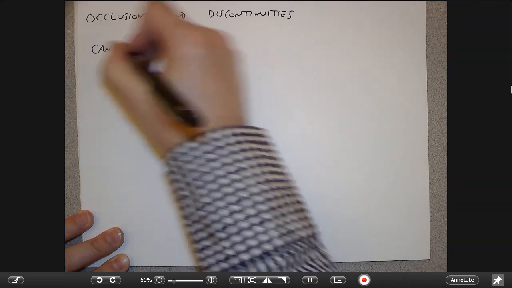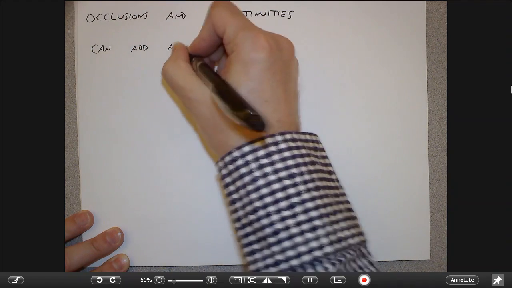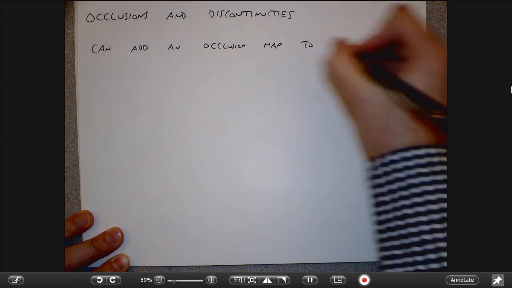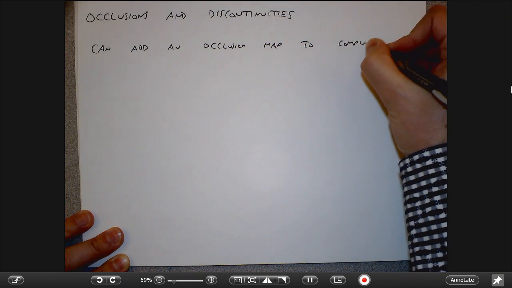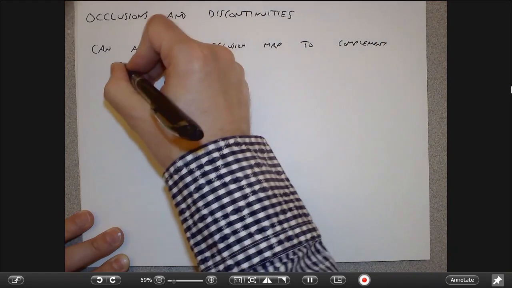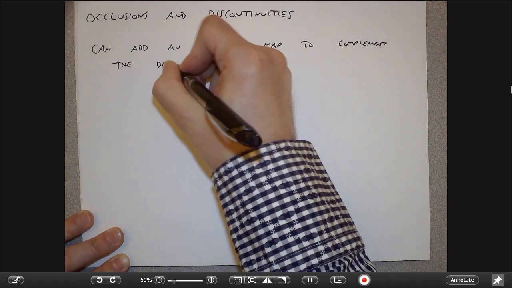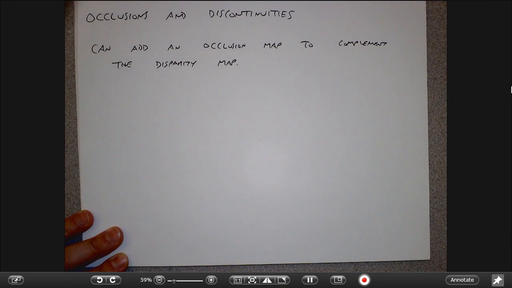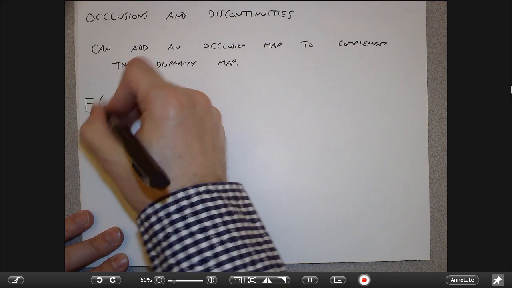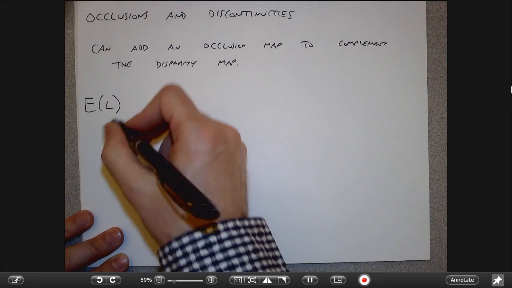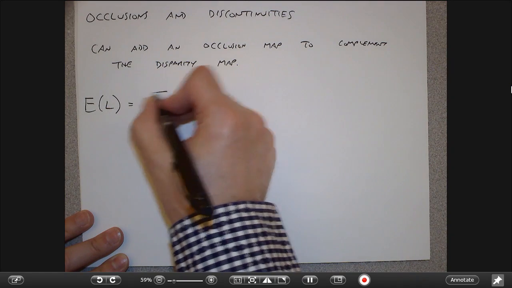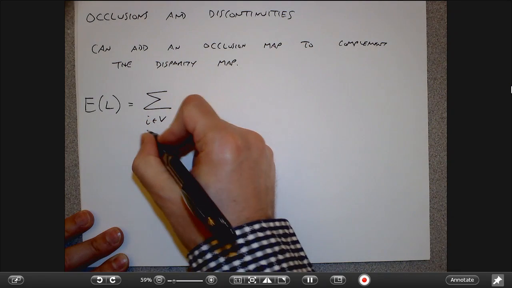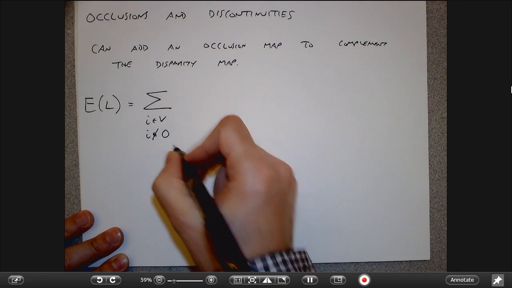So what I could do is add an occlusion map to complement the disparity map. What I mean by that is that now I have a labeling that looks like this. My energy of a given labeling looks at all the pixels in the image that are not occluded.